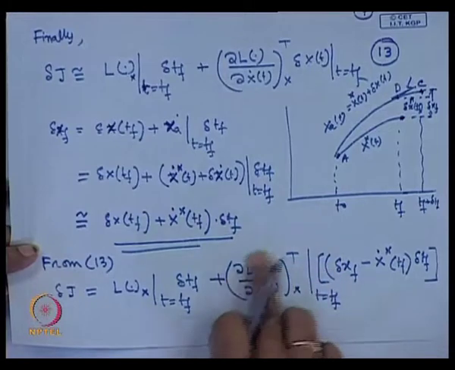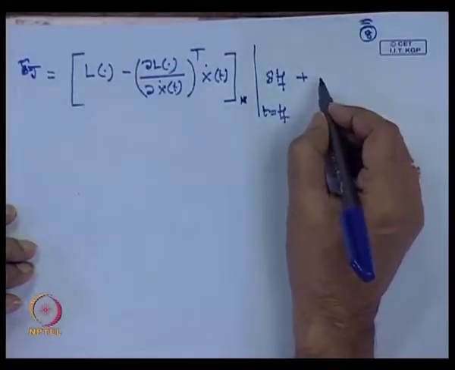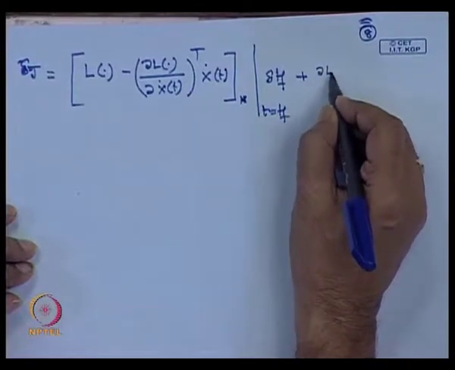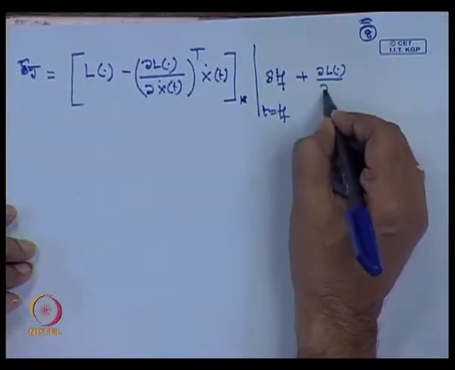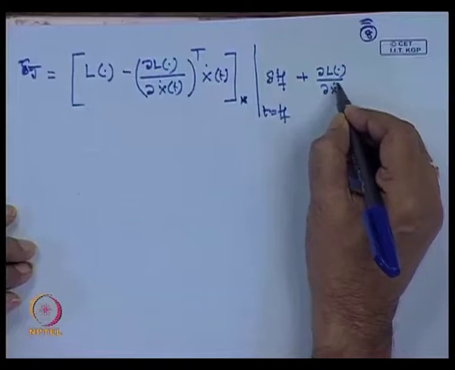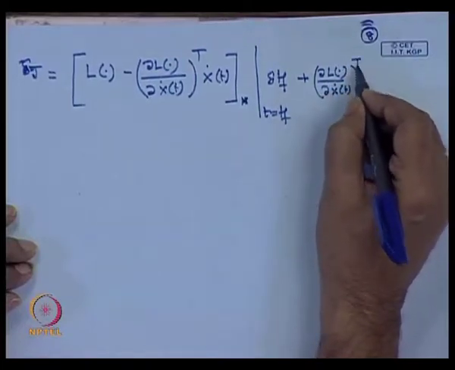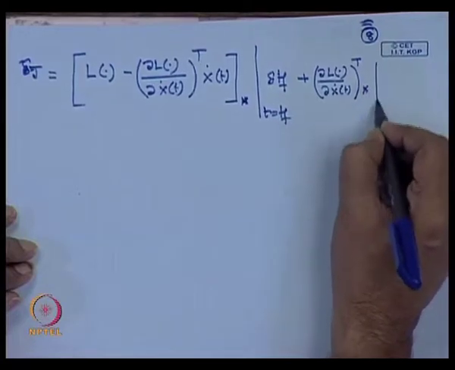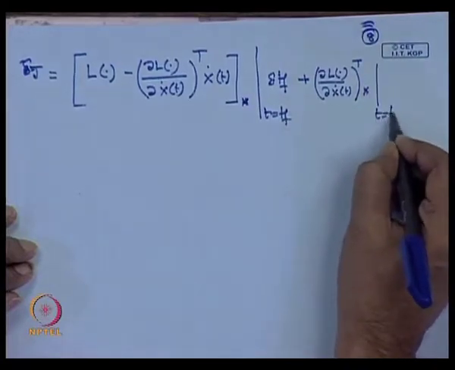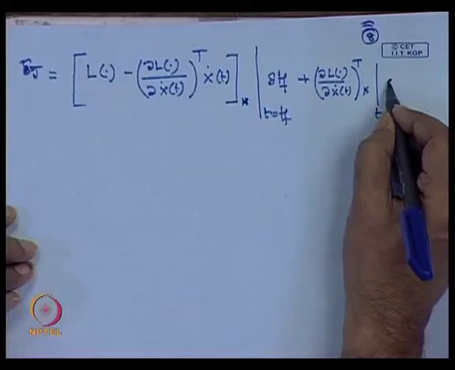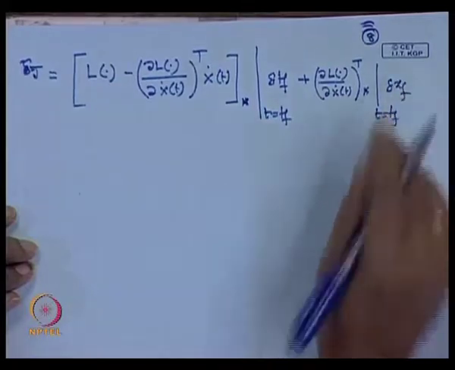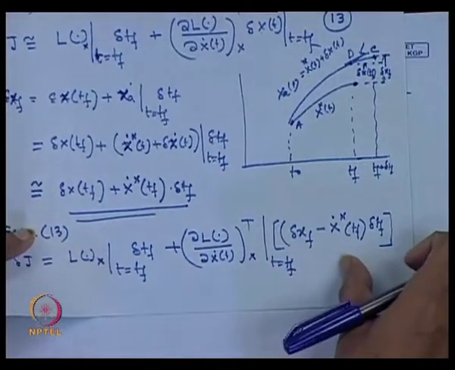So, that is I am writing is del L del x dot of T whole transpose star T is equal to T f is equal to delta x f. See, this is delta x f.